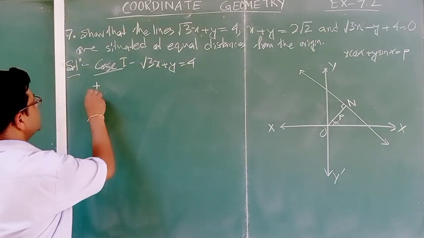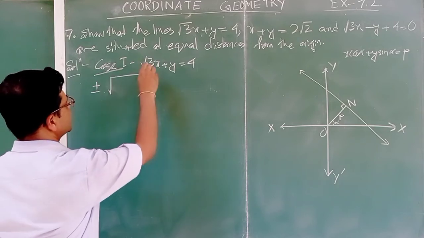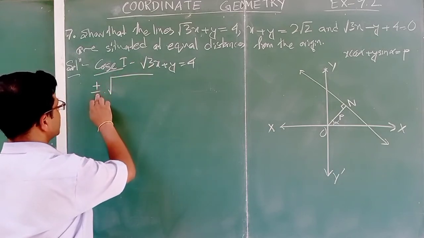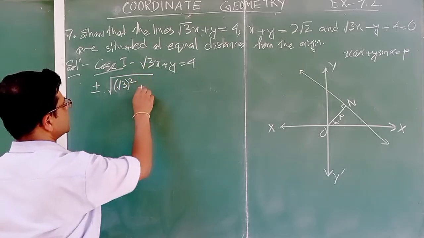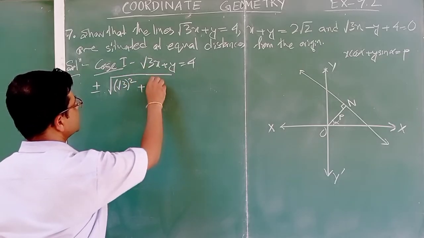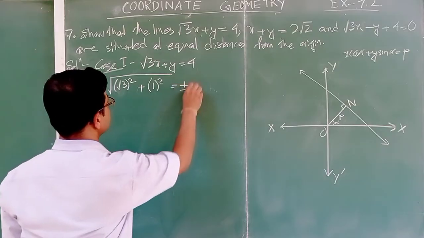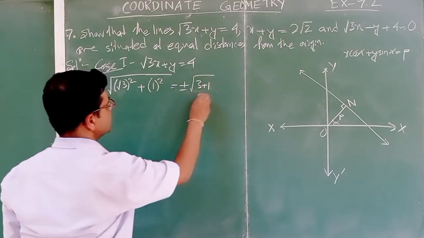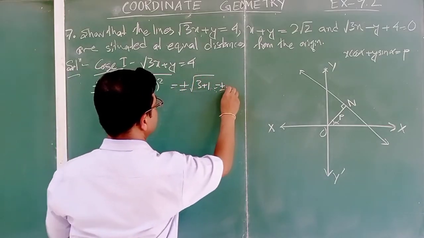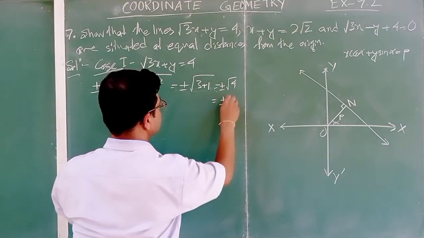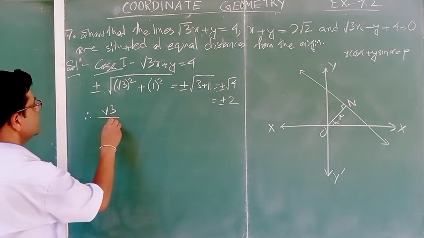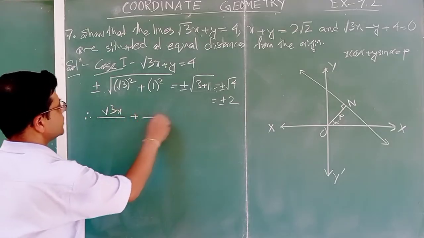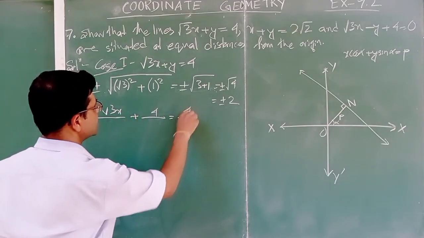Then let us divide by plus minus the square root of the coefficient of x squared plus the coefficient of y squared. So this is 3 plus 1, which is 4, so plus minus 2. So let us divide: √3x plus y equals minus 4, divided by something.